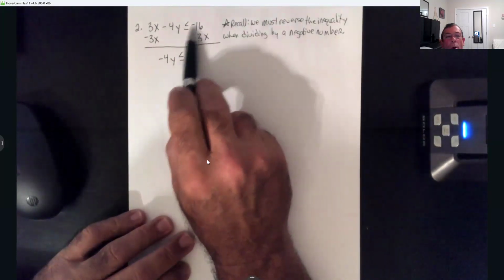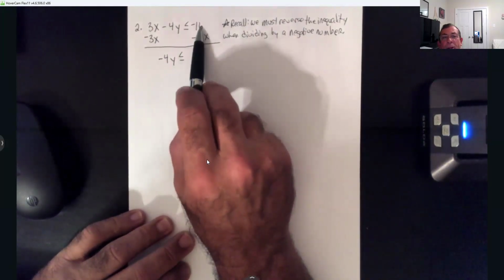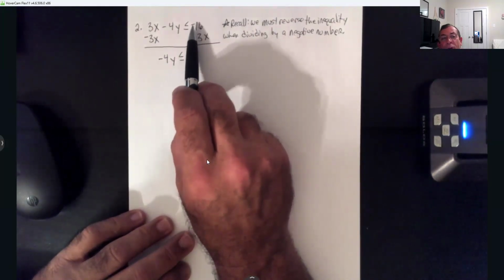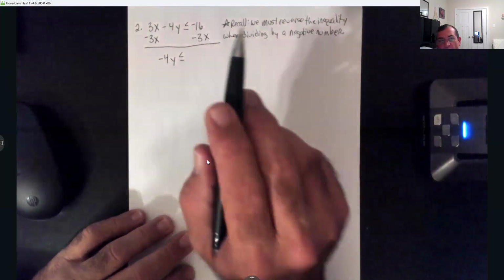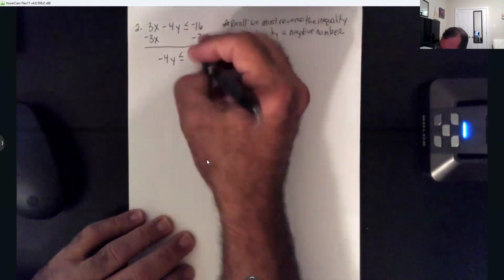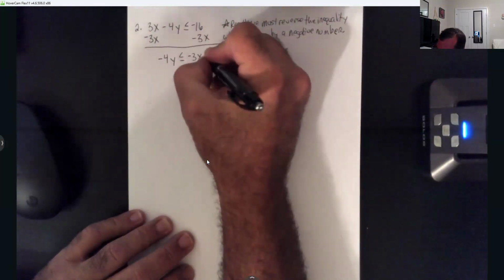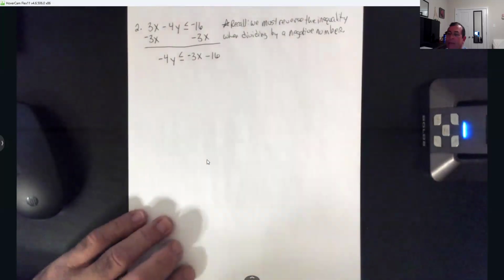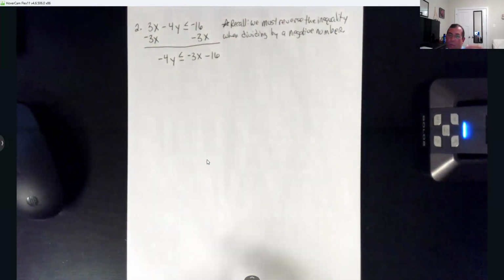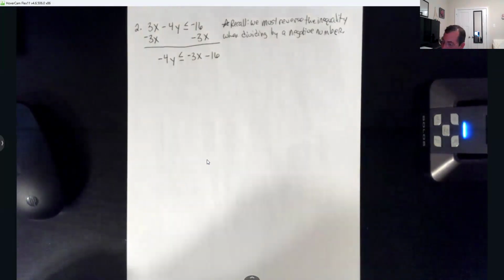And then order don't matter. I usually put my x's first and then my numbers. But you could do the number minus the 3x either way. What you can't do is add them together. So y'all, I'm just going to put my x's first and make that a negative 3x minus 16. So they're not like terms. We can't make that a negative 19 or nothing like that, okay?